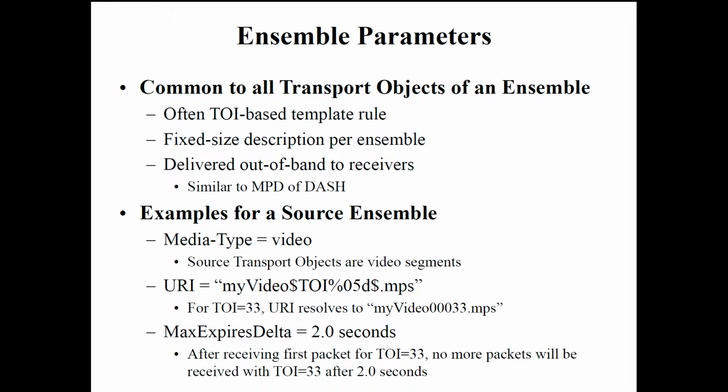Often a template rule is used here, because what you'd like is a fixed size description per ensemble that has to be gotten by the receiver to understand what kind of objects are going to be delivered within that ensemble. Typically delivered out of band to receivers, similar to an MPD of a DASH session. So an example for a source ensemble would be to say, well, everything being sent in this ensemble is a video file.